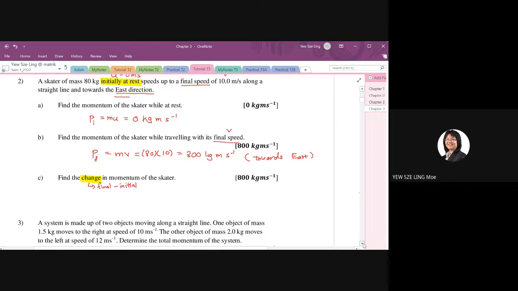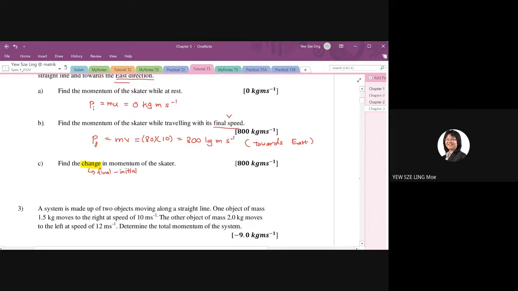So now that you have a final momentum in your question B and then initial momentum in your question A, therefore delta P, change is a delta, so delta P is equals to P final minus P initial, which is 800 minus 0, so final answer is still 800. So 800 kg m s negative 1.